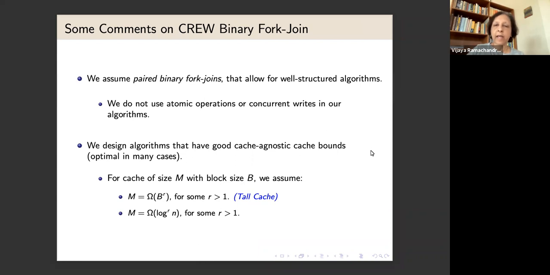This is called the tall cache, and this is in fact required if we want an optimal sorting bound. We also assume that the cache size M is omega of log to the 1 plus epsilon of N for some epsilon greater than 0. So it's at least logarithmic or slightly more than logarithmic in the input size.